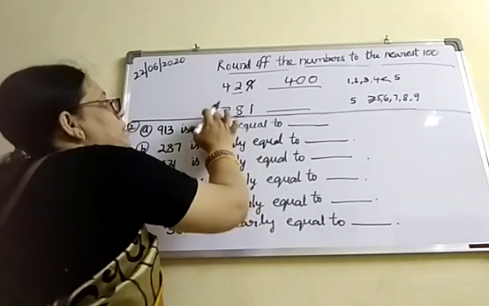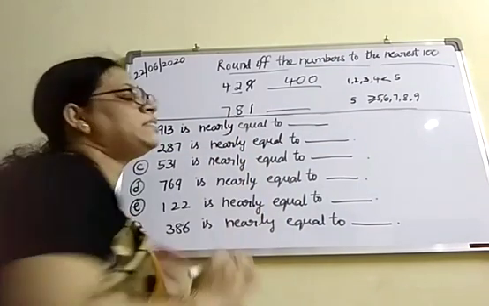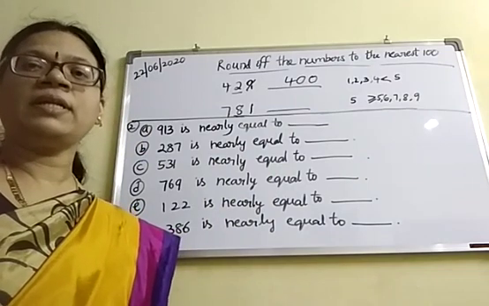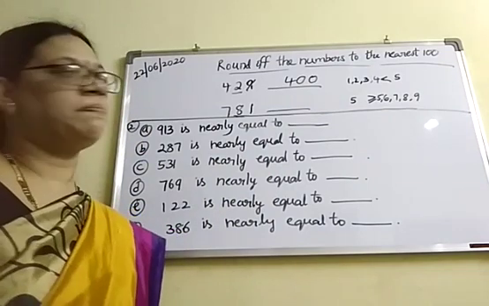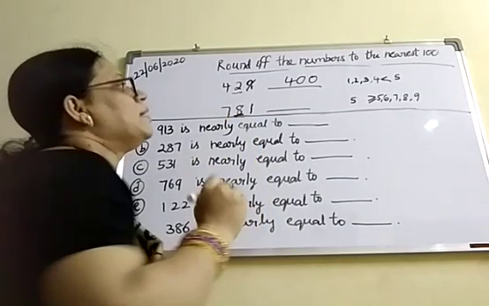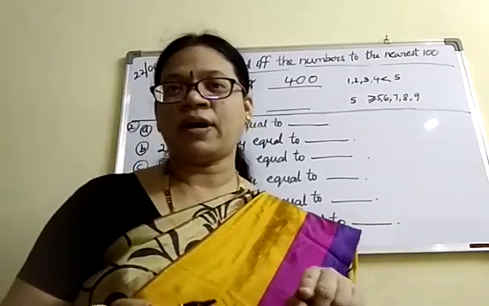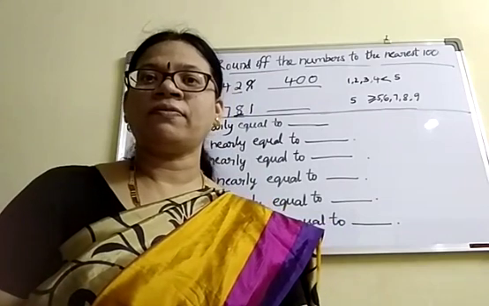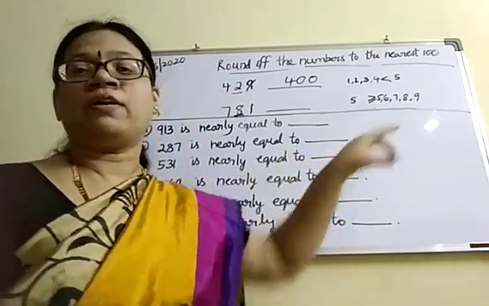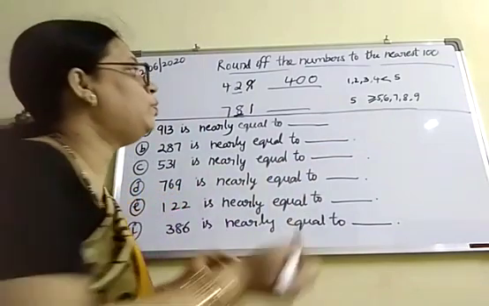Suppose this example 2, check it. Read this number 781. What is the number in the tens place? In the tens place, the number 8 is there. Is it less than 5 or more than 5? If it is more than 5 or equal to 5, what will we do?